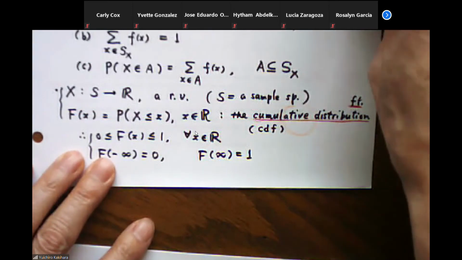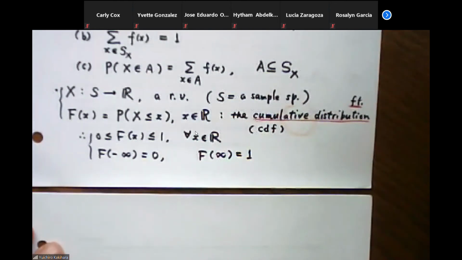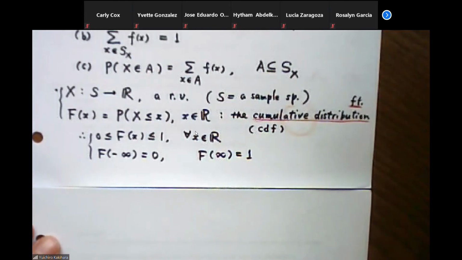We have defined a cumulative distribution function, and one example is the uniform distribution. Let's see.